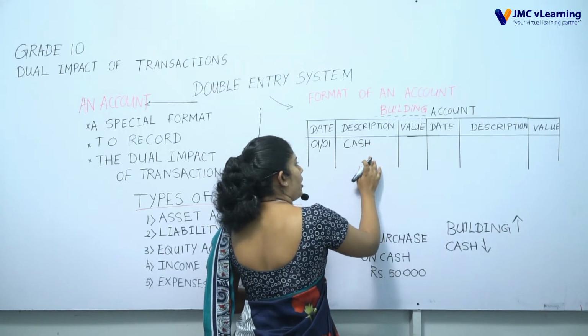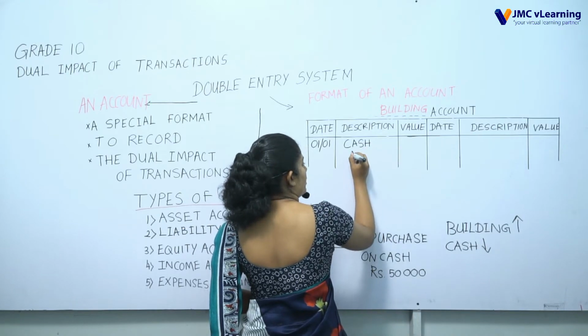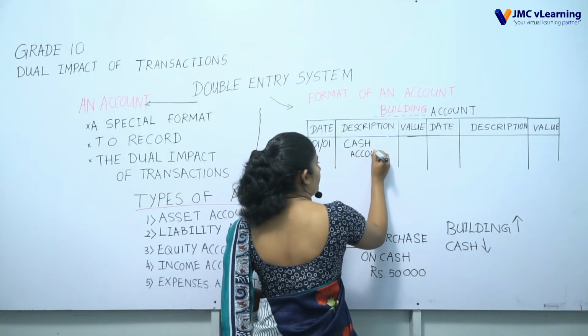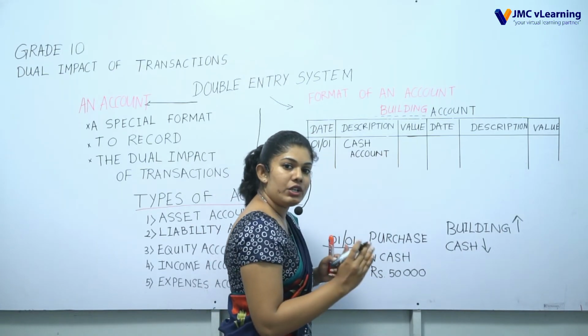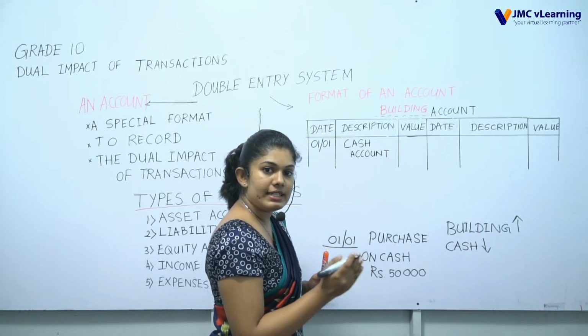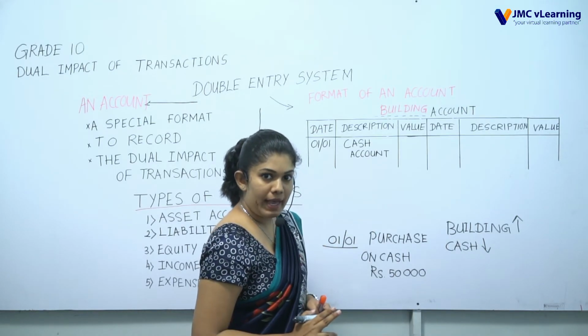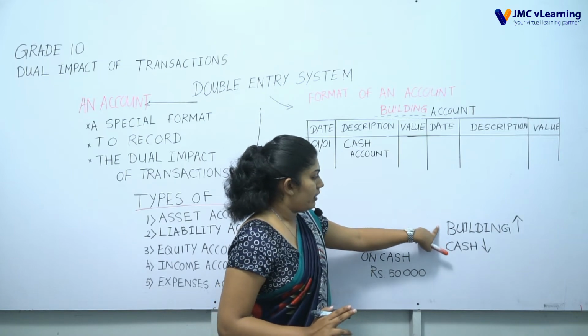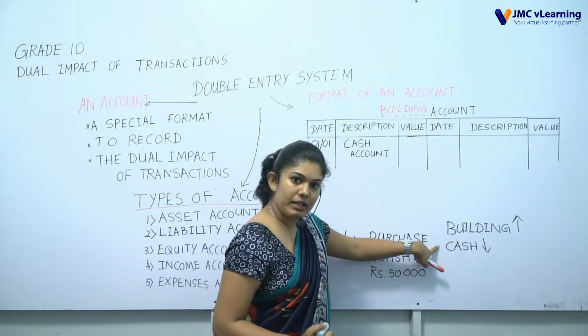The cash account records the cash entry. Therefore, cash account. Here this means the other entry of this transaction is in the cash account. There are two impacts. Building increases and cash decreases when purchasing the building.